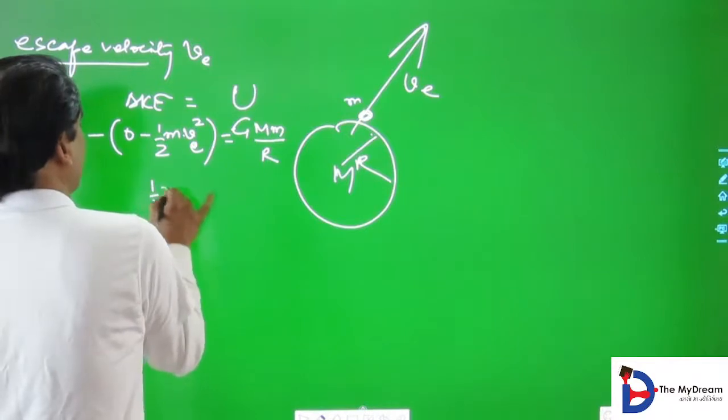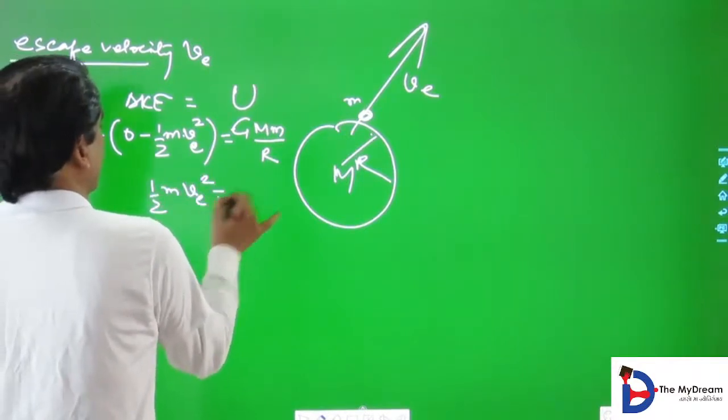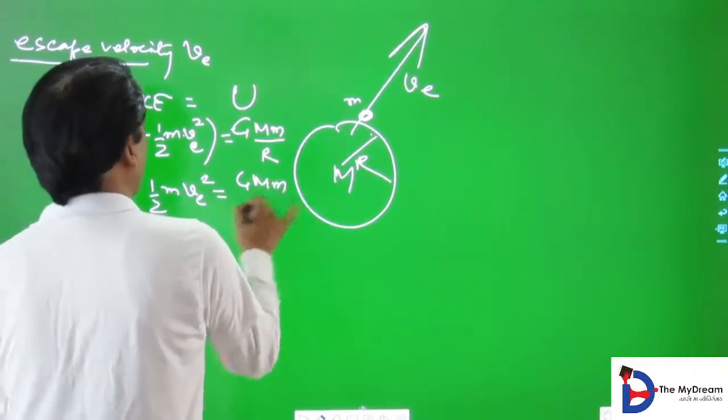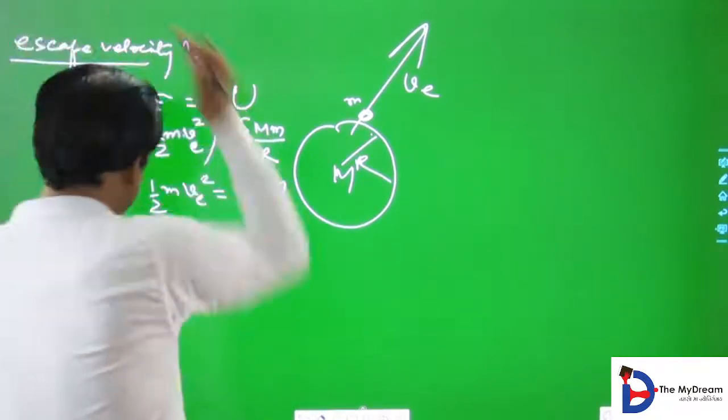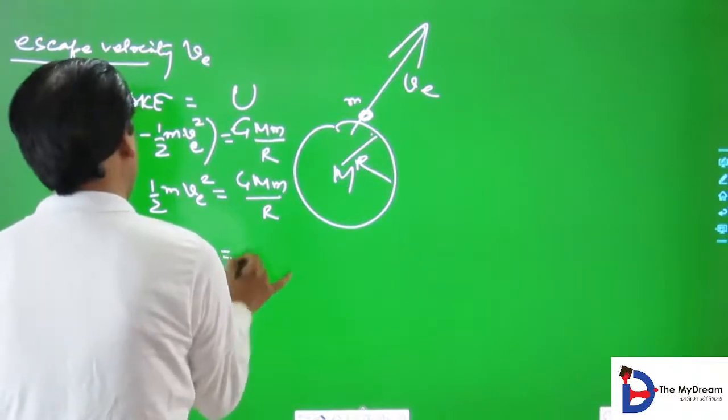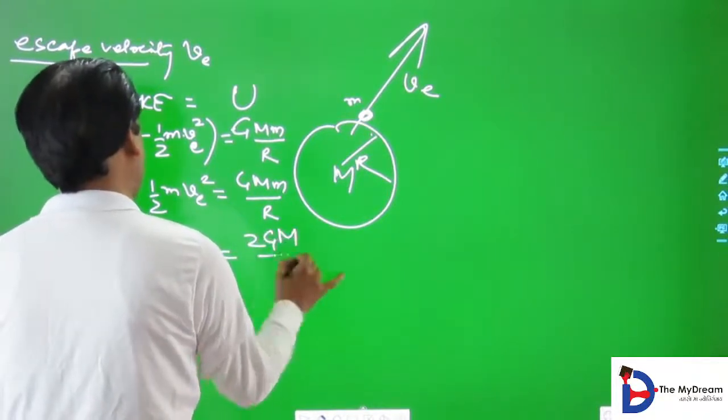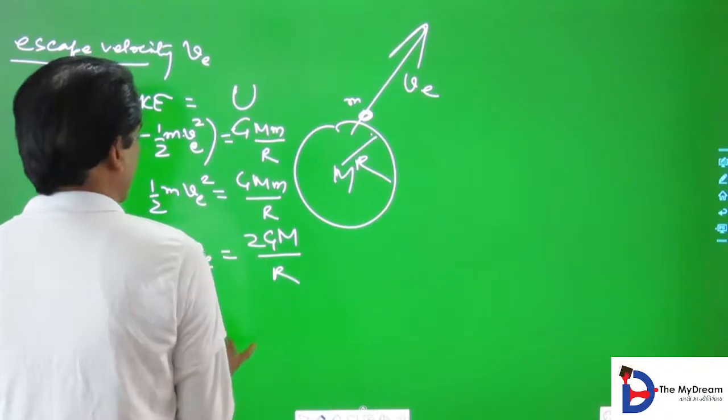So that is the minimum velocity required to throw an object. V is equal to root 2GM बड़ा वाला, और ये हो गया ये.